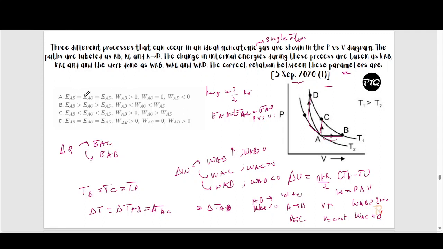Simply EAB equals EAC equals EAD, and WAB is greater than 0, WAC equals 0, WAD is less than 0. Option A is the correct answer.